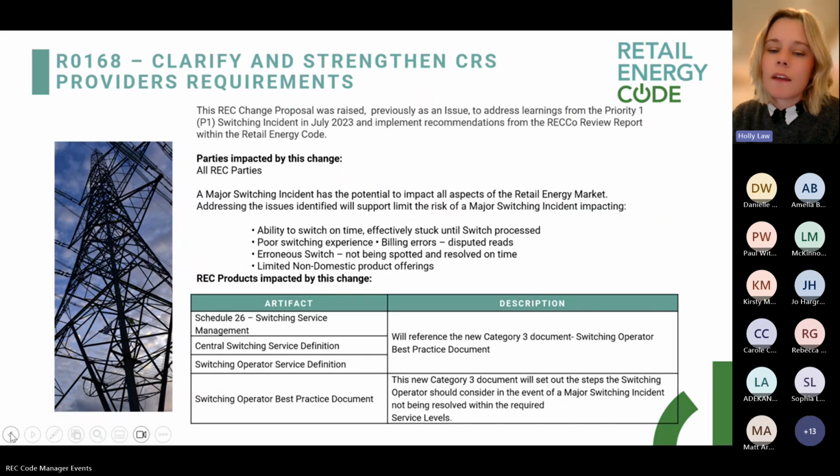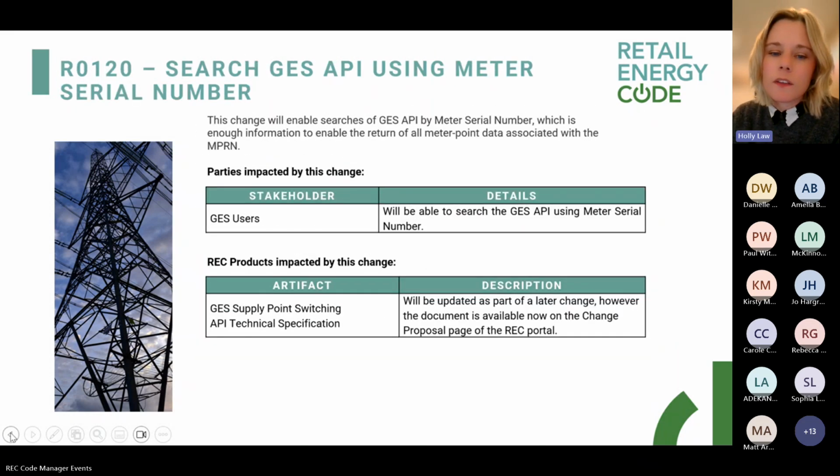Just want to note on this, so the legal text changes to the GES supply point switching API technical specification haven't gone through the change process and will not be ready for the release. However, the redlined version of that is available on the portal on the change page for R0120, so feel free to go and have a look at it.